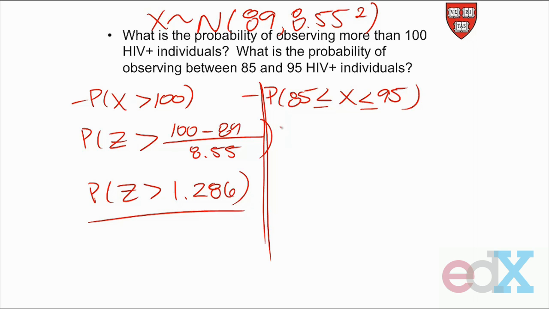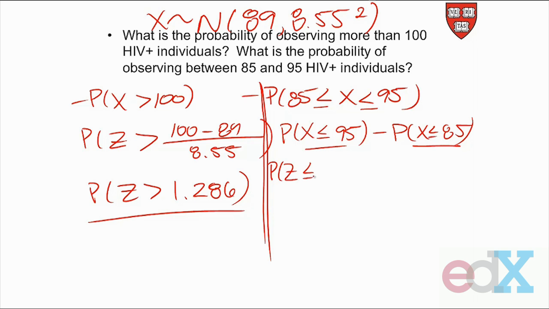Okay, so to do this calculation, we would calculate the probability that x is less than or equal to 95 minus the probability that x is less than or equal to 85. But again, we have to standardize these two, so it would be the probability that z is less than or equal to 95 minus 89 divided by 8.55, minus the probability that z is less than 85 minus 89 divided by 8.55.